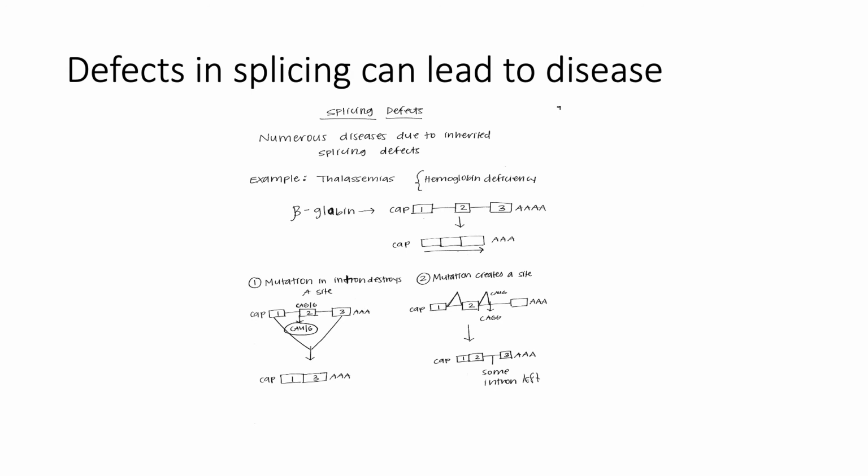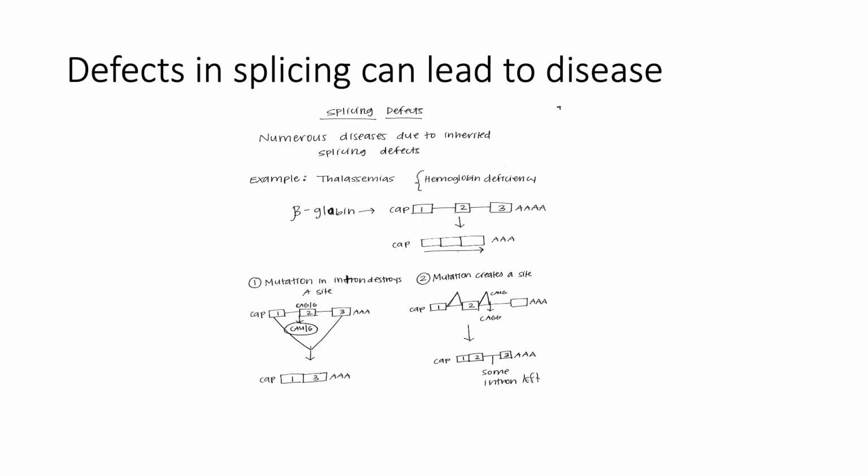My guess is that defects in splicing take place quite often. Nothing is 100% perfect, and if we're talking about a transcript where you have to remove 25 introns, chances are there are going to be some errors at some point. But if it only happens 1% of the time, then you're not going to see the effect as a disease.